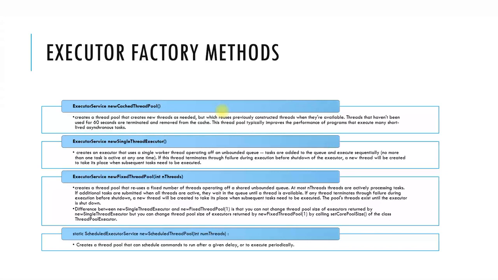The difference between newSingleThreadExecutor and newFixedThreadPool with one as the argument is that you cannot change the thread pool size in the first case, but in the second case we can call the setCorePoolSize method to specify a new count of the threads in the thread pool.